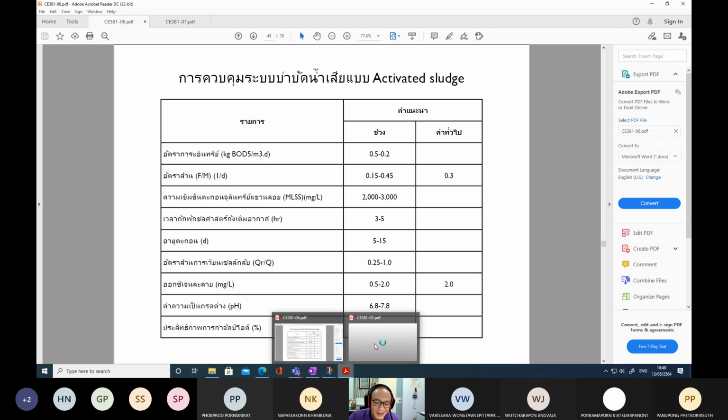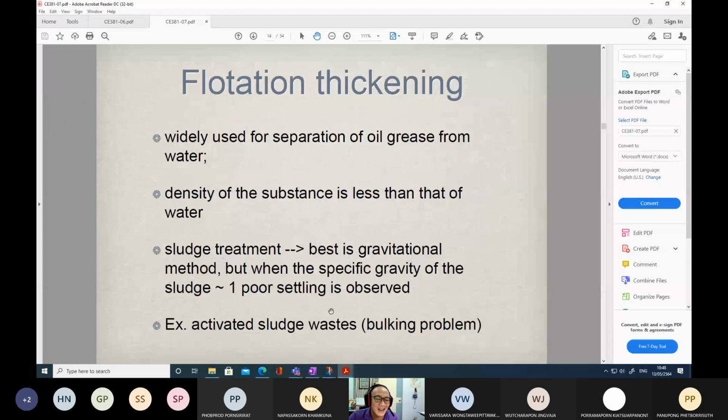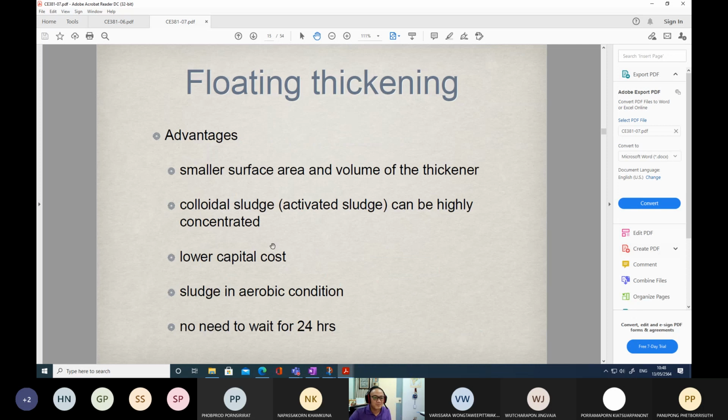That is why, sometimes if the activated sludge encounters these problems, it is more preferable to select flotation thickening, the DAFT, for increasing the concentration of the sludge.